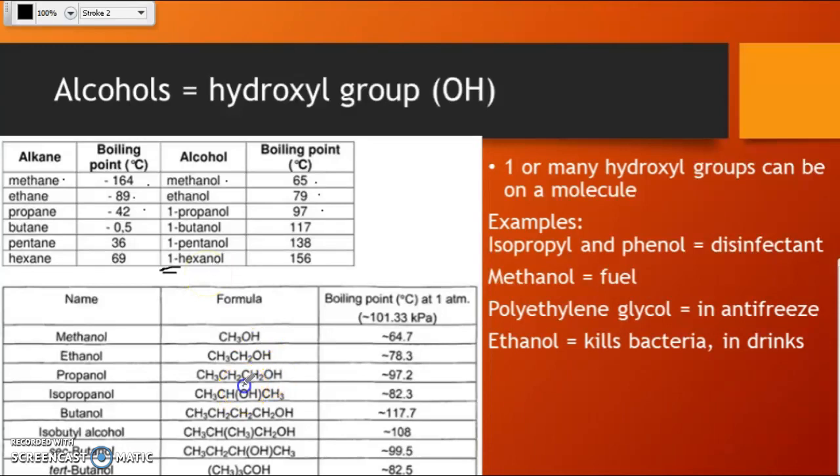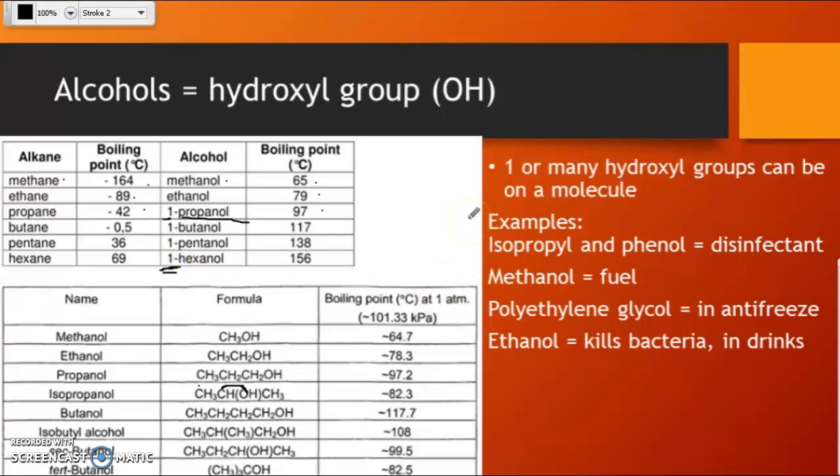Now here, if we look at this one, isopropanol, it's added to the second carbon. So that's going to react differently than plain old propanol, which has it in the first spot. So that's another thing that's going to make a difference, is where the functional group is added. And that's what we use these little numbers out front for.